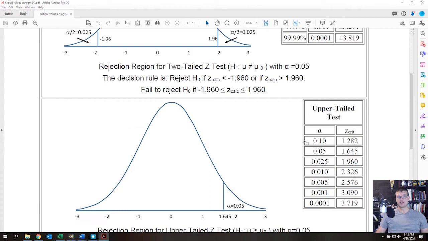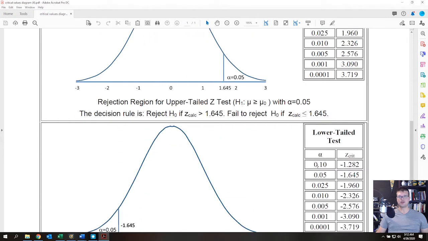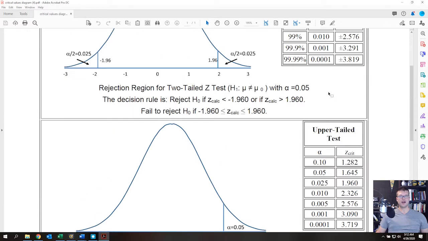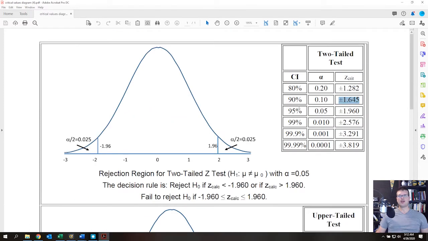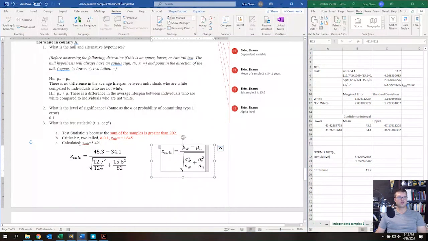So if it was a one-tail upper, then the 0.1 would be 1.282, and if it was a lower, it would be negative 1.282, but it's not an upper or a lower. It is a two-tailed test, so 1.645 plus or minus.